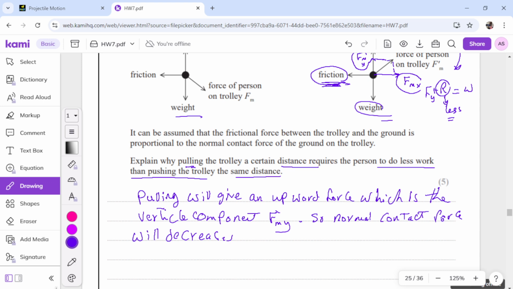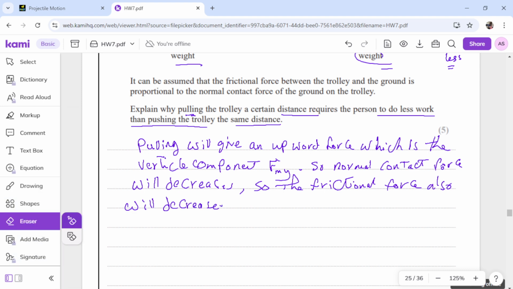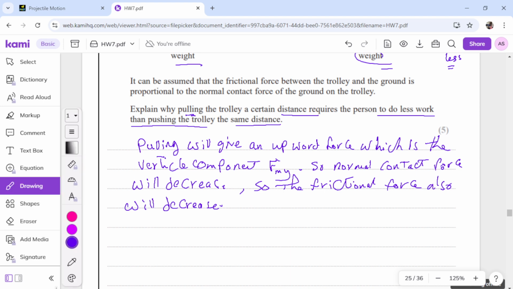Okay, and what happens when the normal contact force decreases? So the frictional force also will decrease. And what happens if the frictional force decreases?